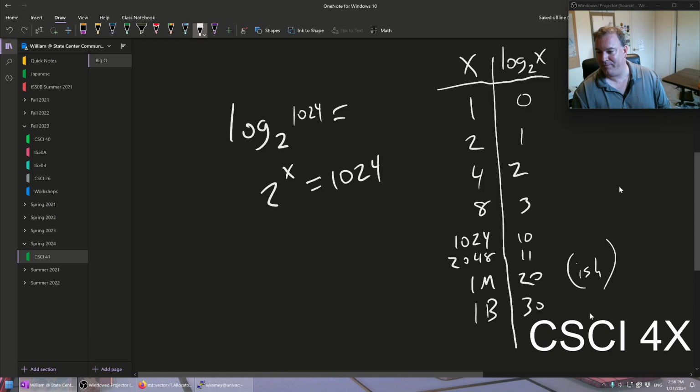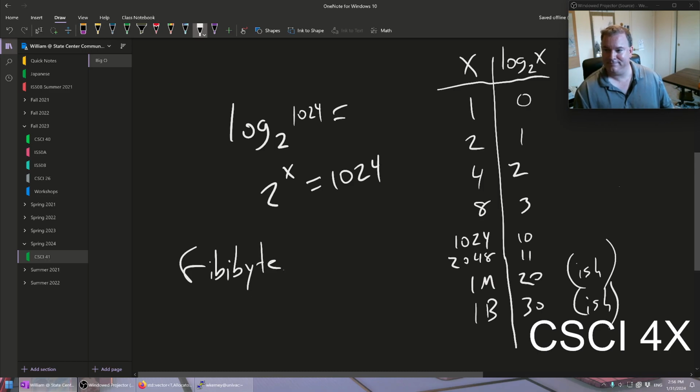Not exactly. And this actually is the reason why hard drives kind of lie to you. Have you ever heard of a gigabyte? A gigabyte is 10 to the 3rd, 10 to the 6th, 10 to the 9th.